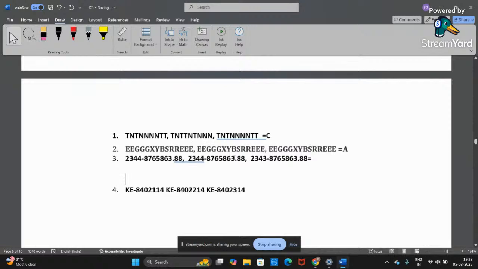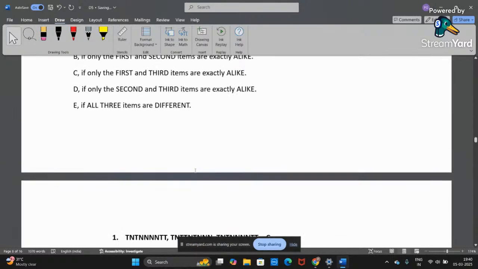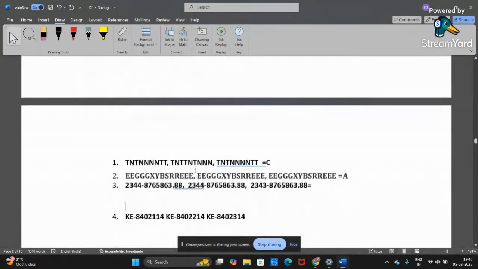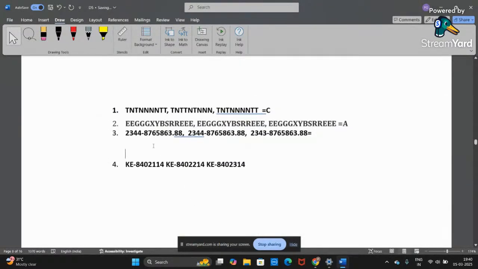2344, 2344, 2343 it is. Here option A is not correct. Let's leave this and we'll look into the first one because this is not same as A and B. Only A and B are same till now. 8765, 8765, 863, 863.